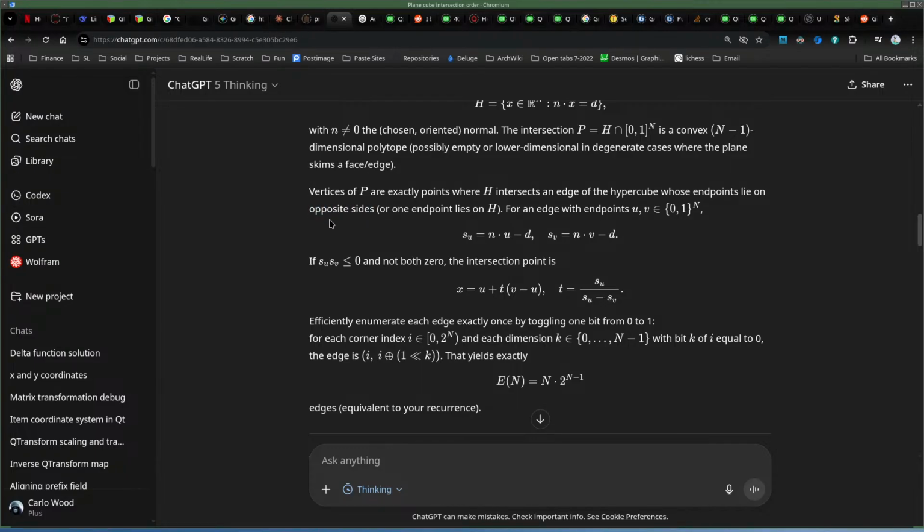Well, I use adjacent sides, but yeah, I don't know. So basically, that is the definition of an edge. Oh, opposite side of the hyperplane. Yeah. No, never mind. Of course. Okay, so or one endpoint lies on the plane, but I don't want to consider that.